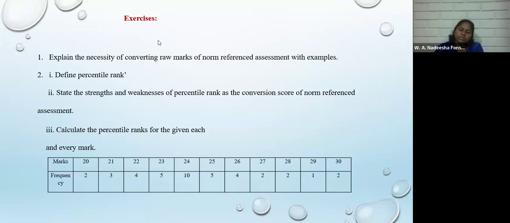If you can give me the example, that's fine. Mayumi? Or Risna? Gayani?